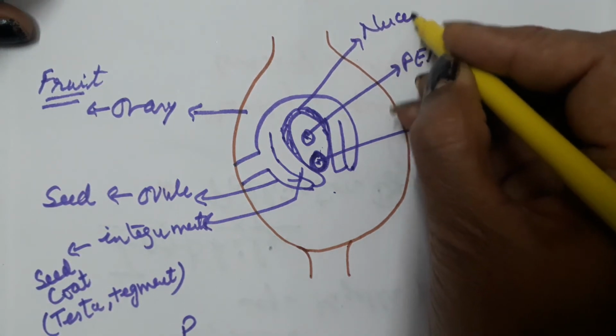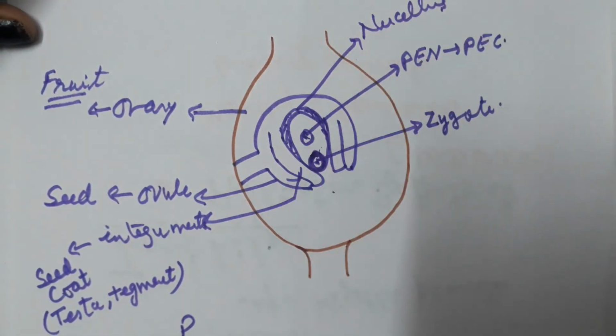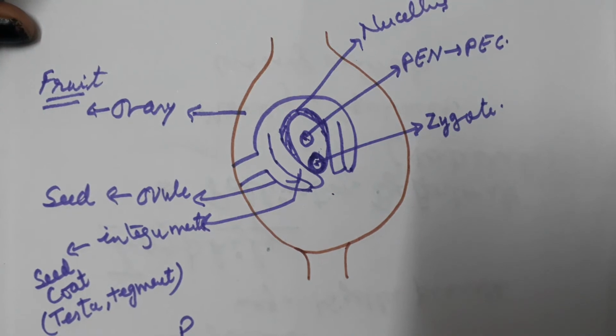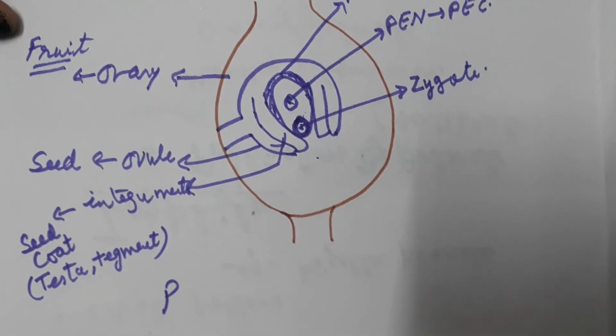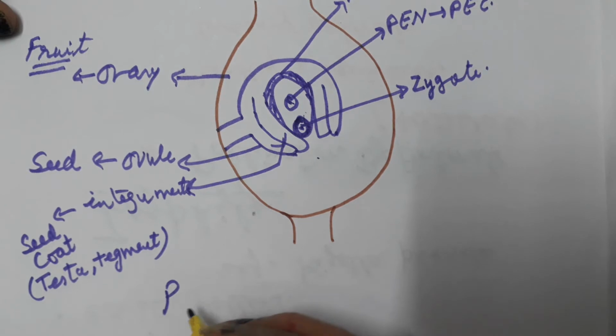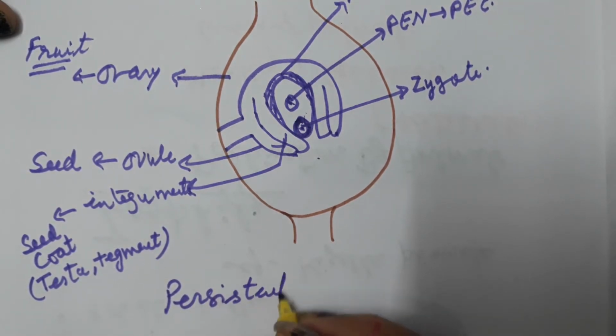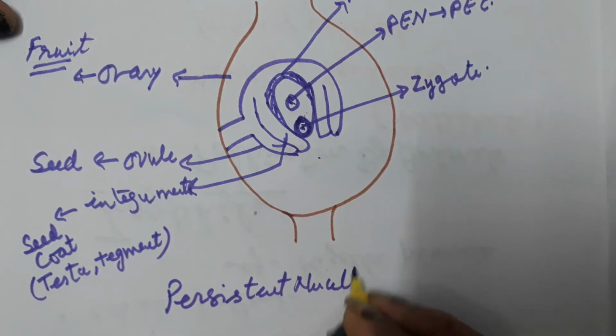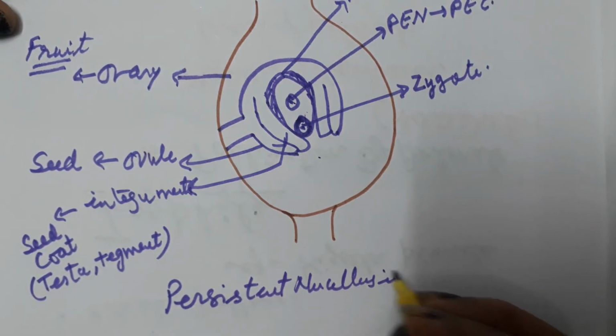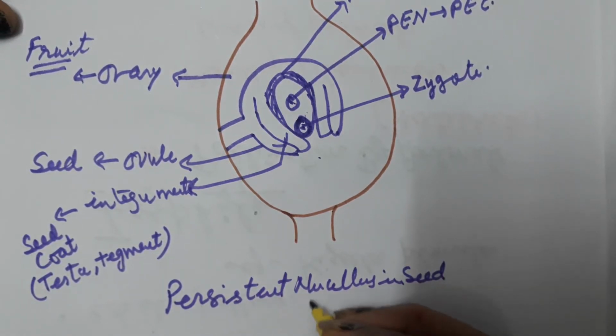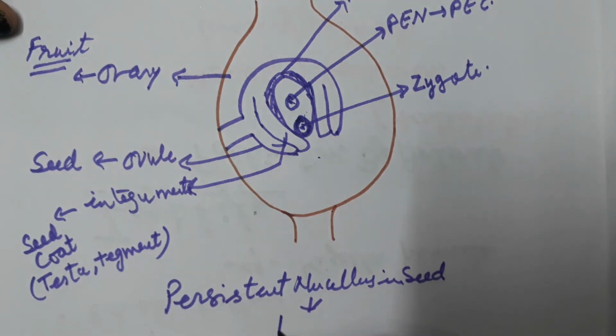If the nucellus persists into the seed as a layer, then the persistent nucellus in a seed is known as perisperm.